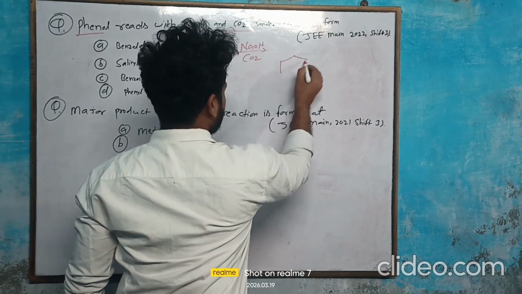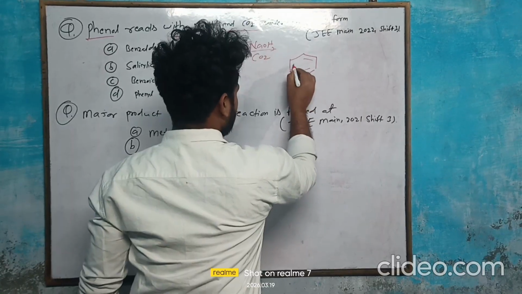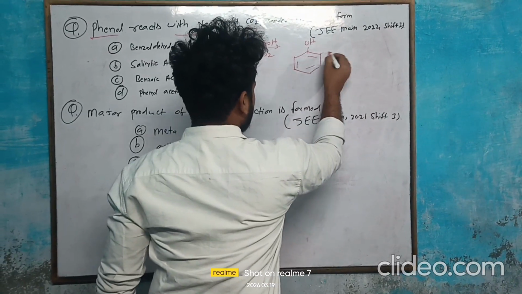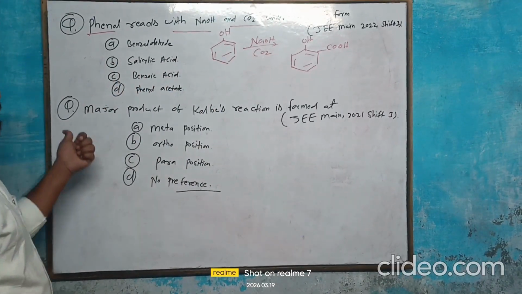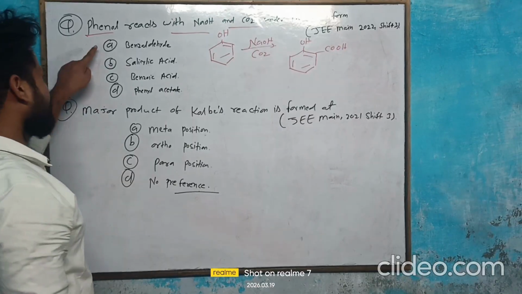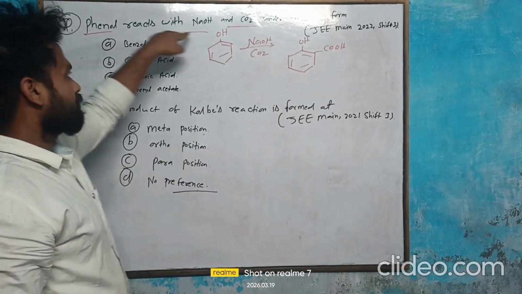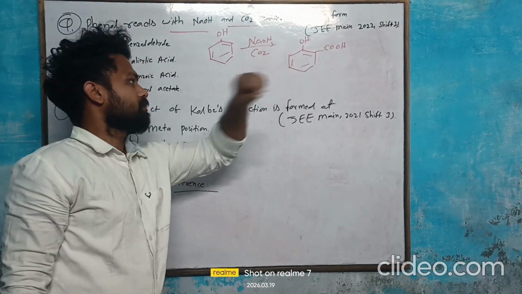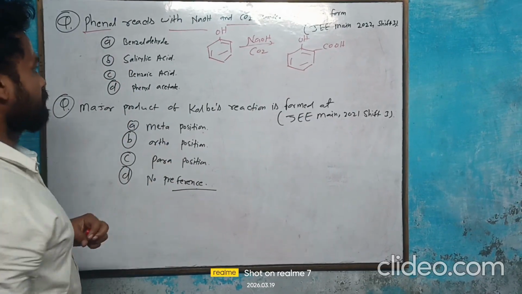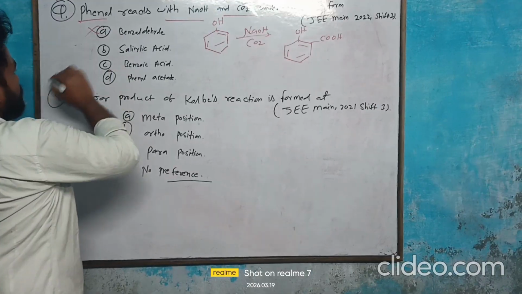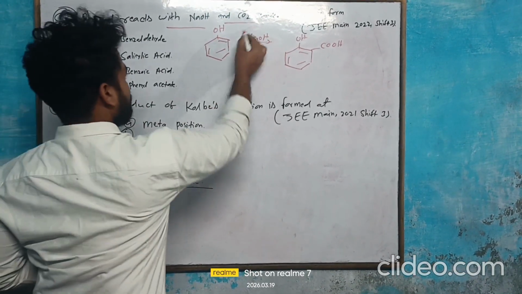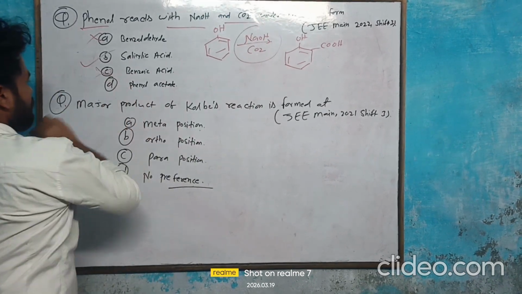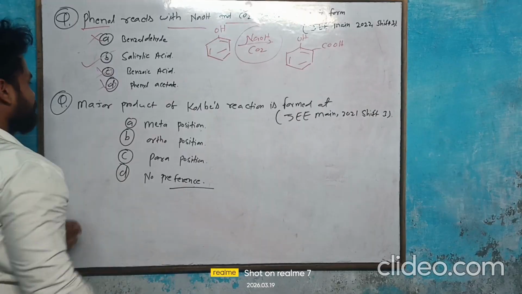The product will be OH and COOH. This is salicylic acid. The answer will not be benzoic acid because the OH will not be removed, so this is not the option.